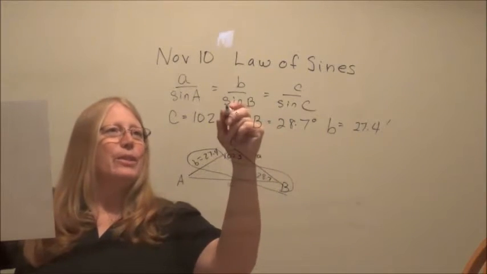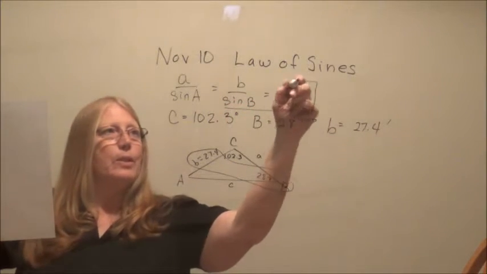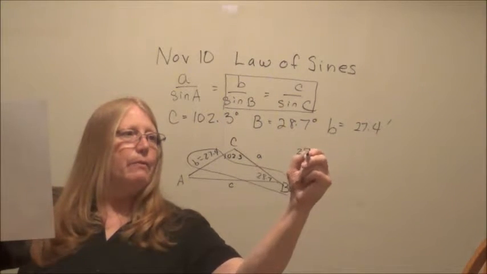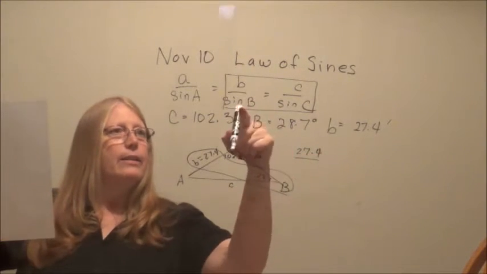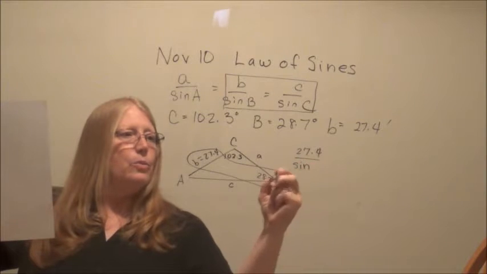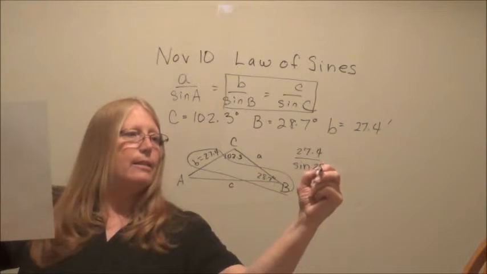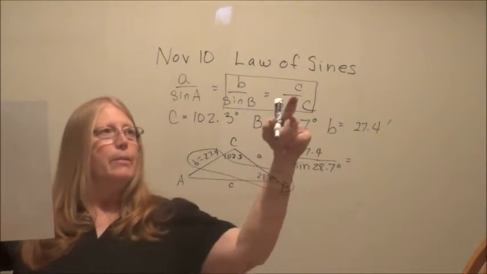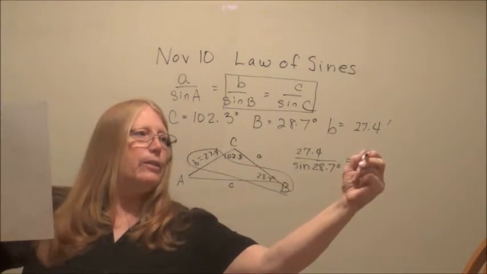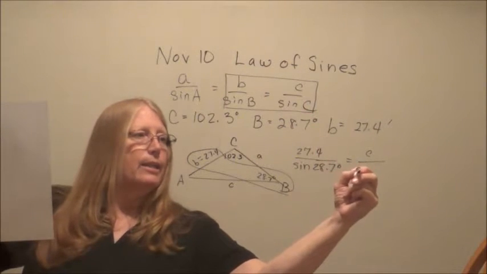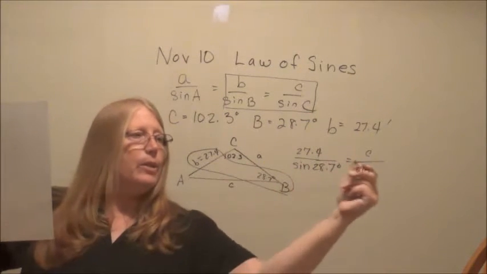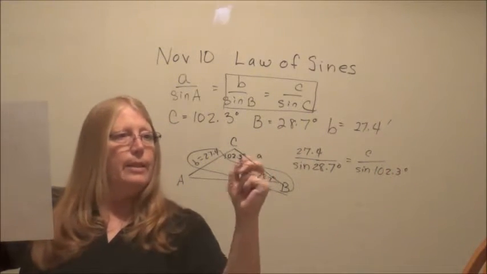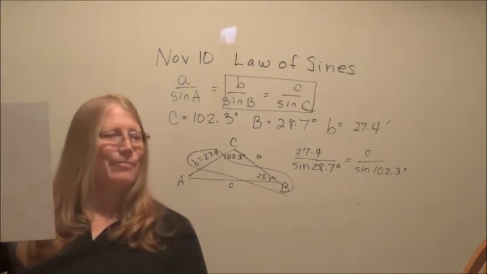Alright, so I'm going to use this proportion to get started. So little b, 27.4 over sine of 28.7 degrees equals. So now I'm going to do little c, which is unknown, over sine of big C, 102.3. Alright, so that's the math setup.